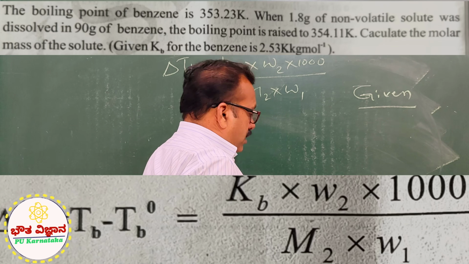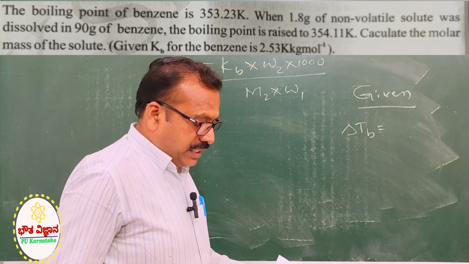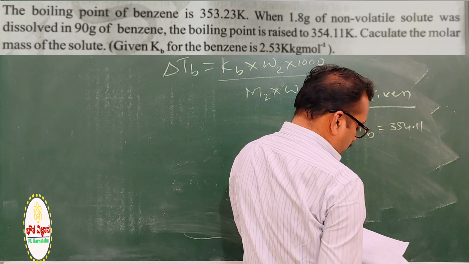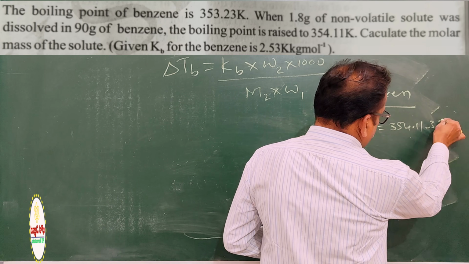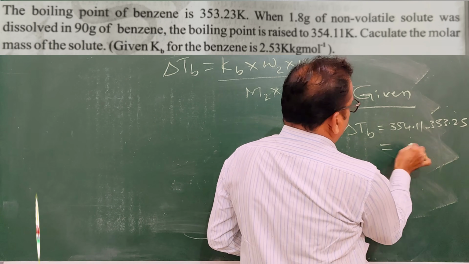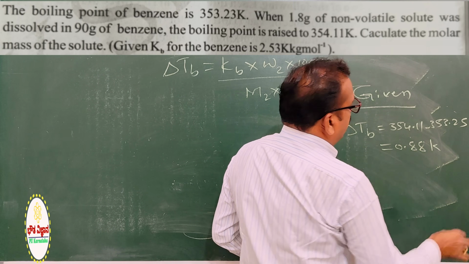The del Tb means change in boiling point, that is 354.11 minus 353.25, so you are going to get 0.88 Kelvin.